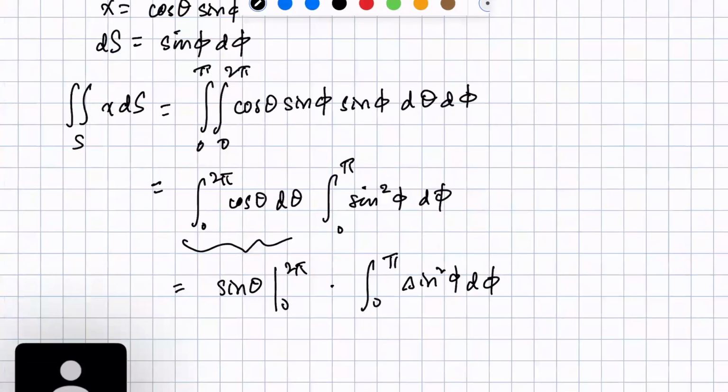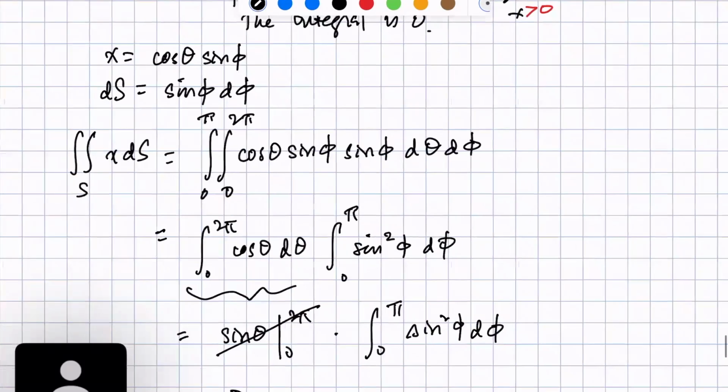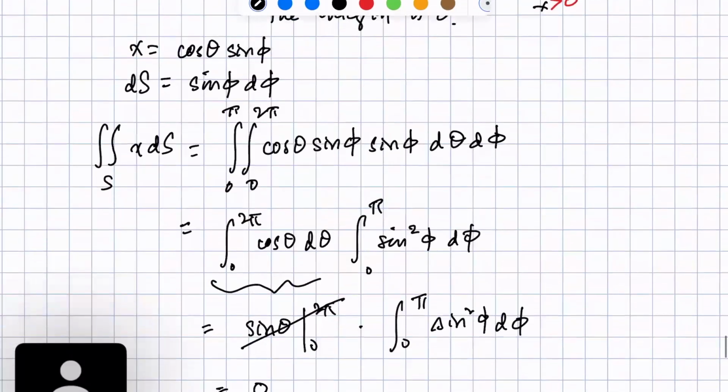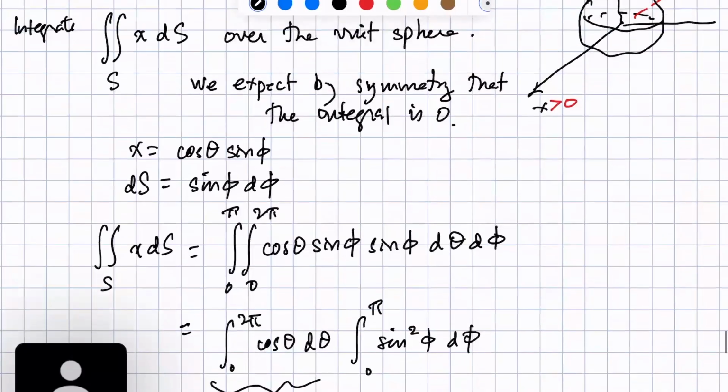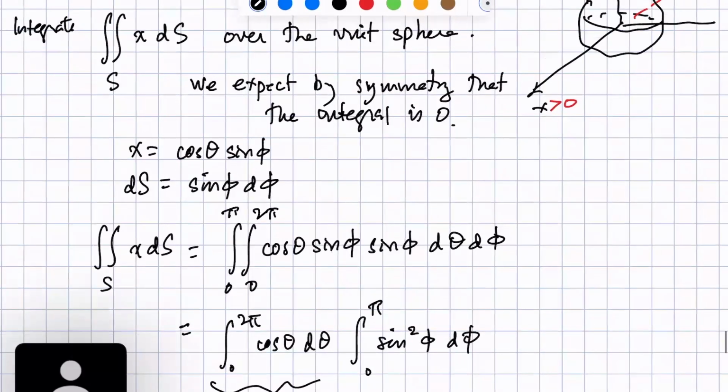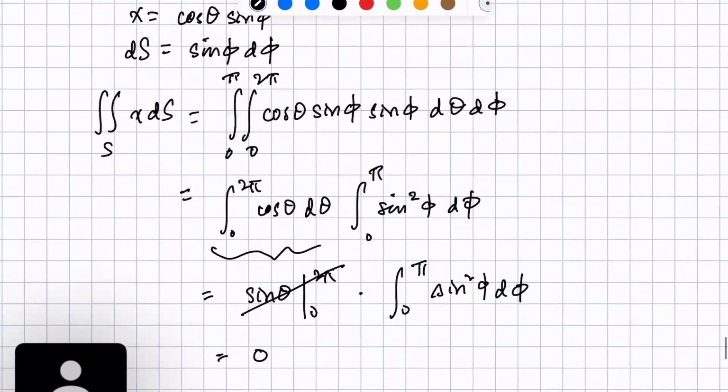When you plug in 2 pi and 0, you just get 0 both times, so this entire thing is 0. But if you're quick, you can tell yourself, wait, I see that there's a symmetry at work here, and I don't really need to do all of these integrations if I'm running out of time.